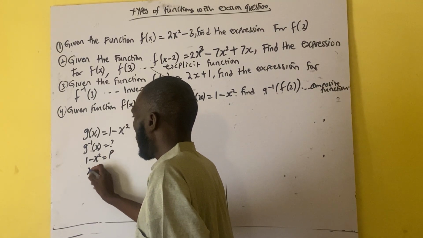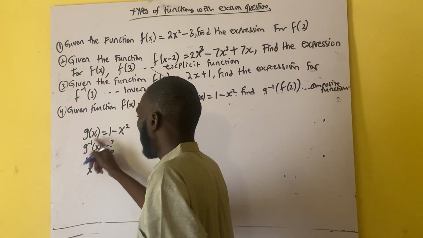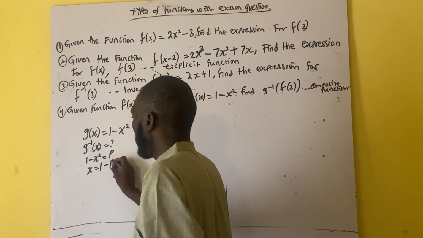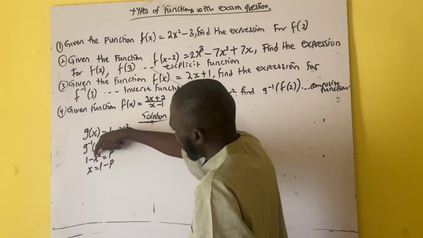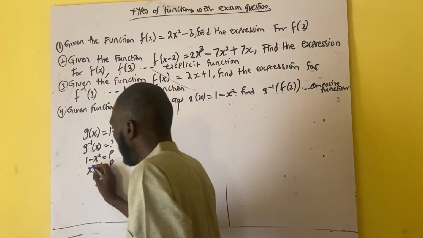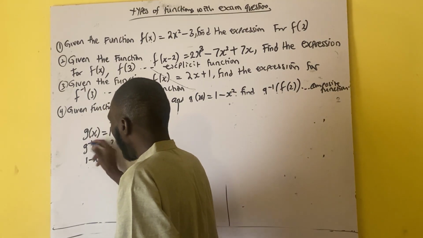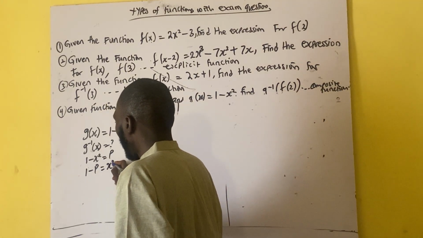So for your x equal to p, let's say this one comes here, this one comes here. 1 minus p. I rearrange it, that is, I bring my minus x squared here. But let me do it like this to make it easy for you. So when this one comes here, 1 minus p equals x squared.